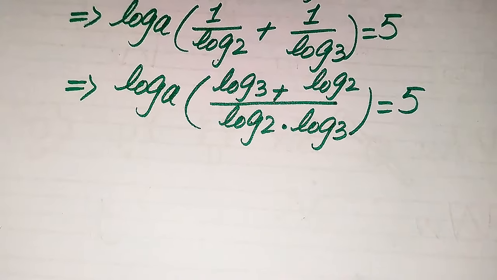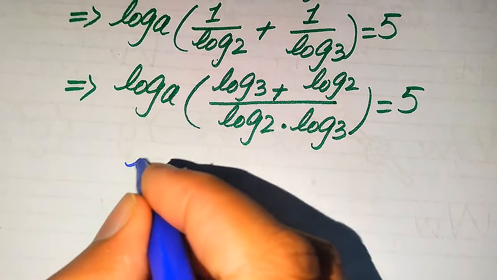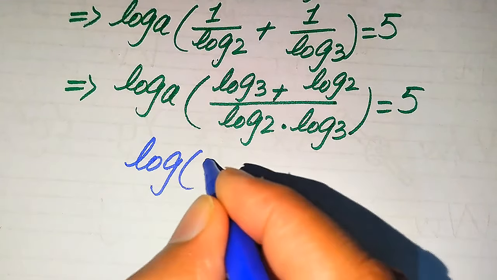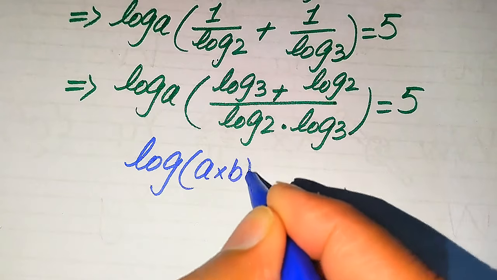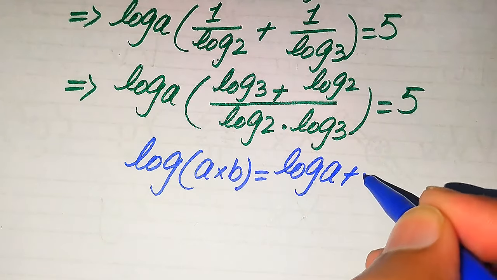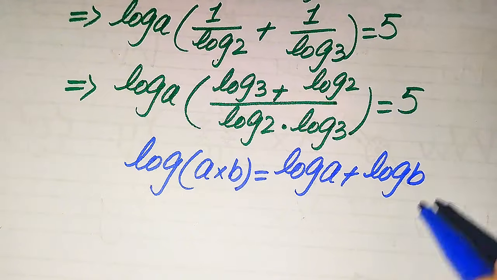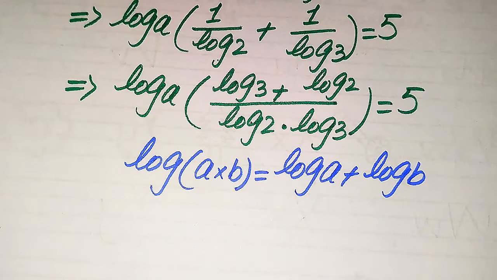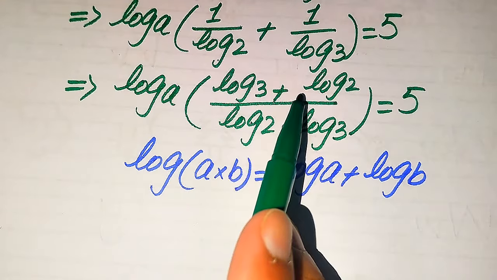So here we need to focus on this expression, and we apply the nice property of log. You know that if we have log of a multiplied by b, it is equal to log of a plus log of b. According to this property, we combine these two logs.